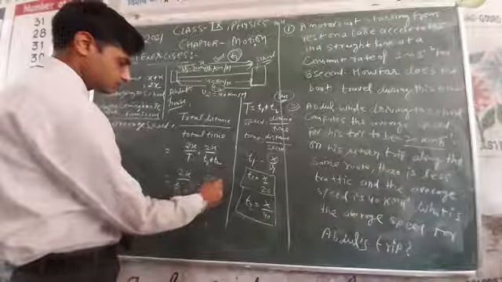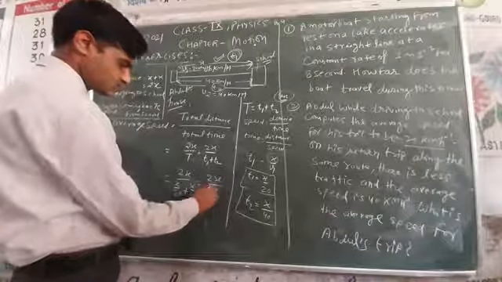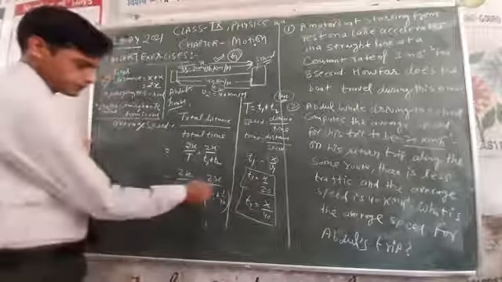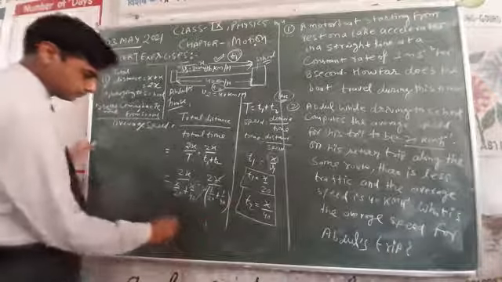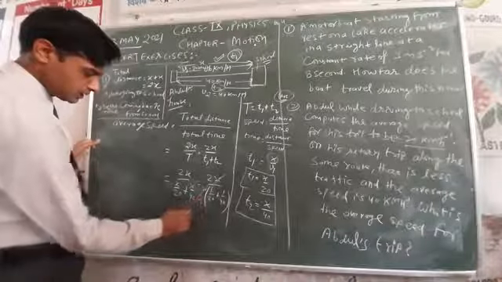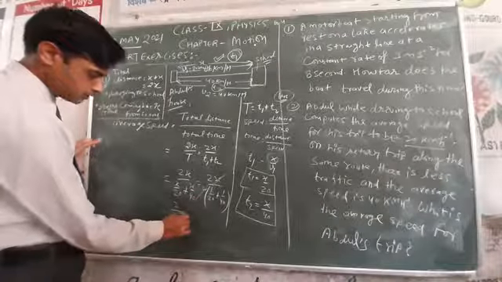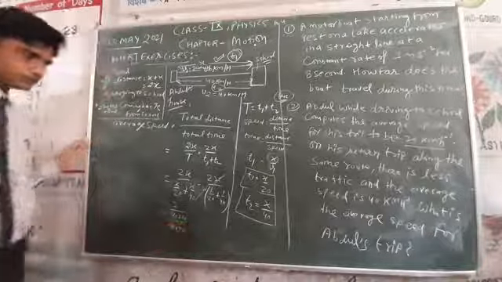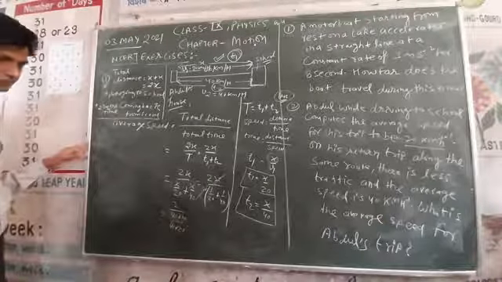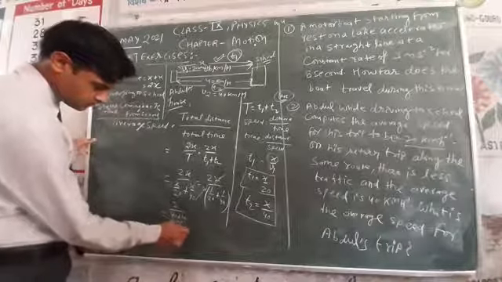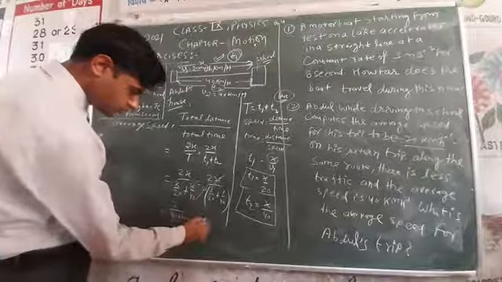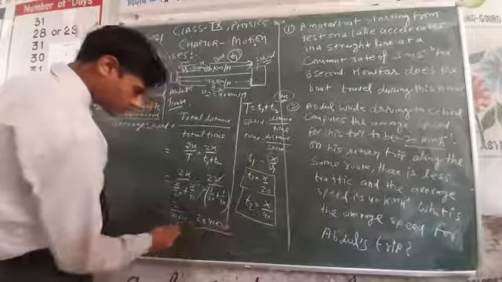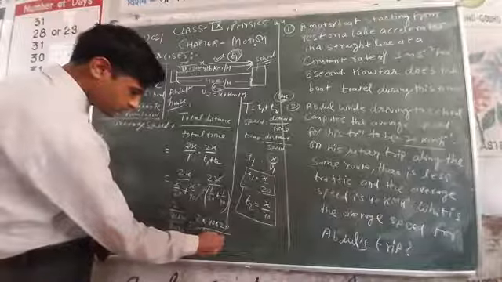So by putting in the values of t1 and t2, we get 2x upon x into 1 upon 20 plus 1 upon 40. x cancels by x. Then taking the LCM, 2 into 40 into 20 upon 40 plus 20.